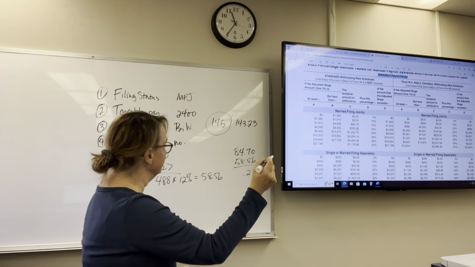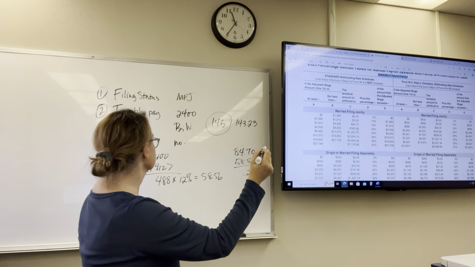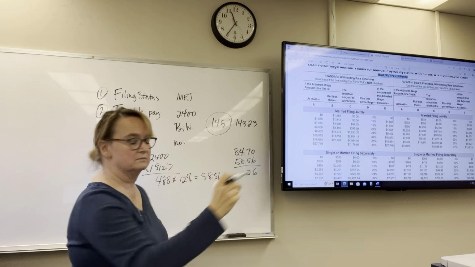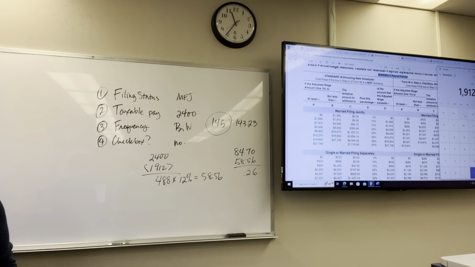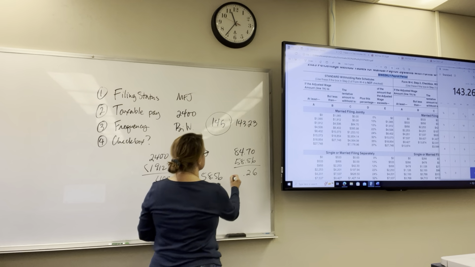Because you got 23, right? Or did you get 26? Did you say 23? Good math. So 84.70. Yeah, so 2,400 minus 1912 is 488, times 0.12 is 58.56, plus 84.70, is 143.26.